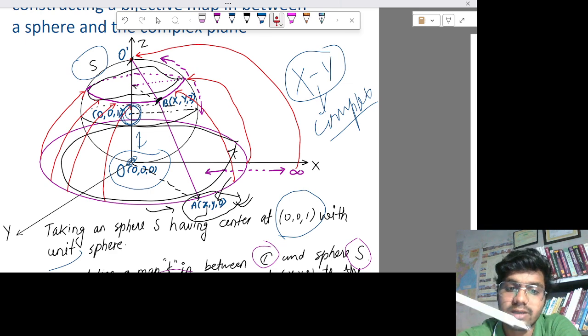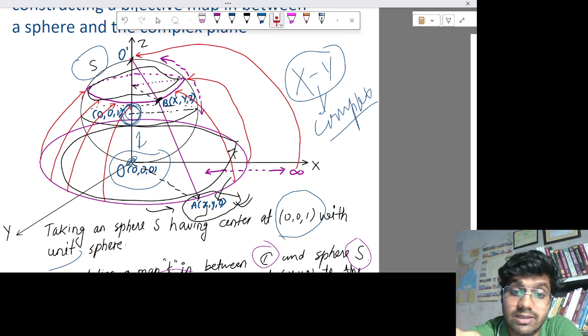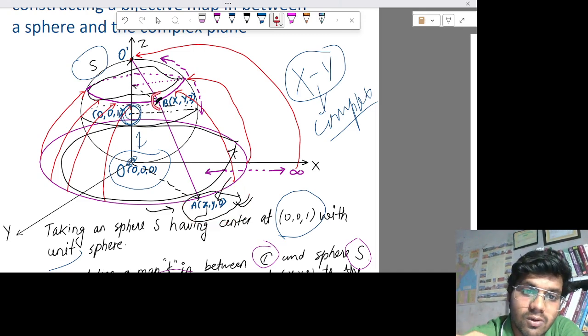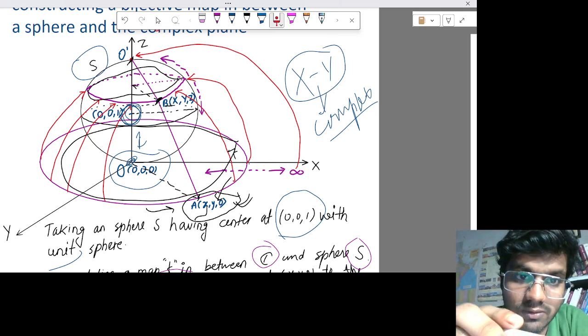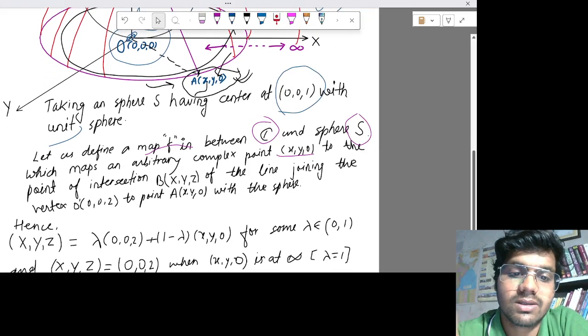If we are given any arbitrary point x, y, z, what will be the coordinates of the point on the sphere? We will derive that point. This is the motto of this lecture.